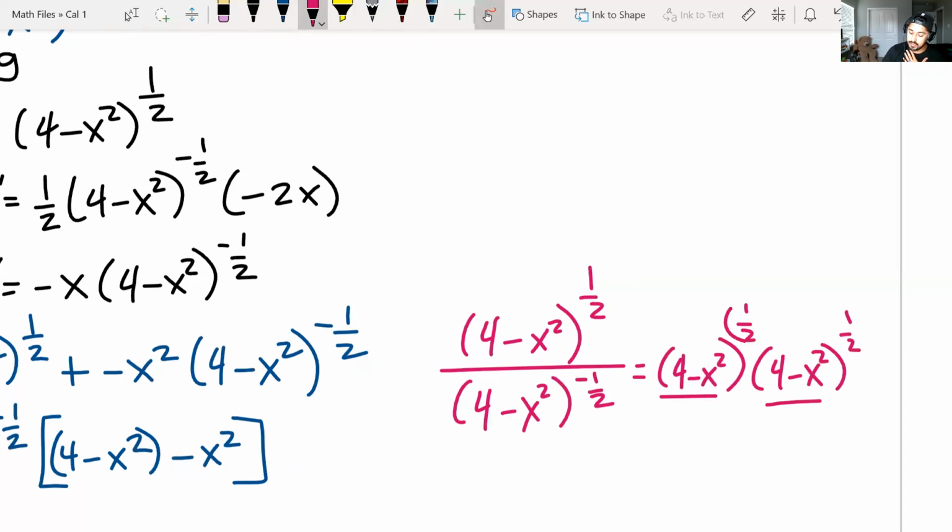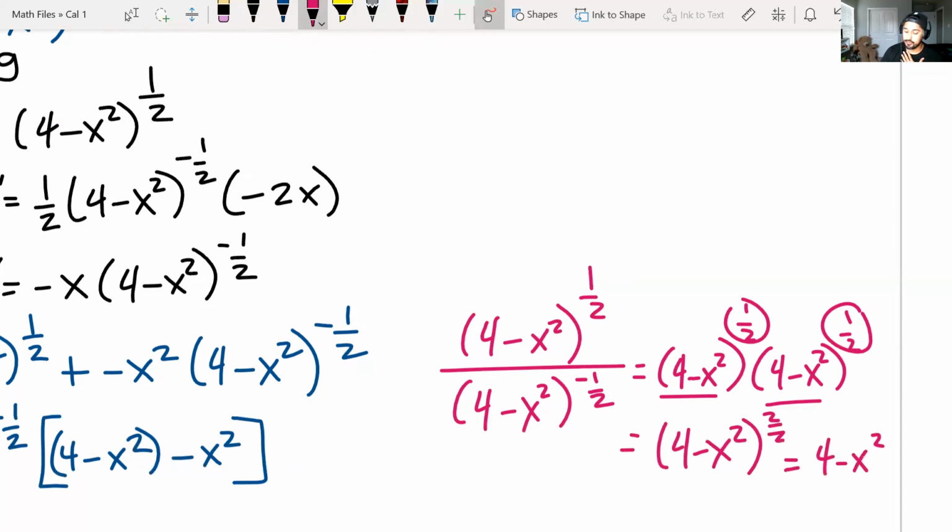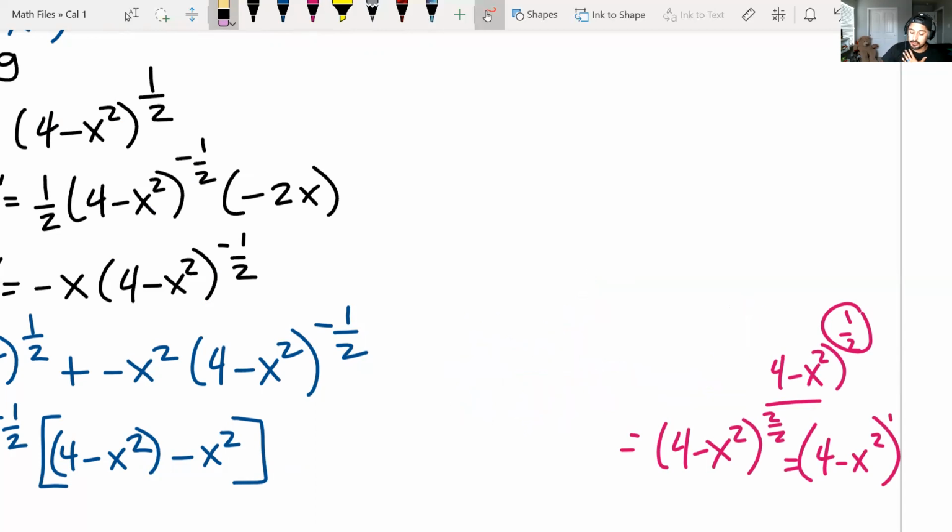Same base, add your exponents. 4 minus x squared to the 2 over 2, or just 4 minus x squared to the first. That's it. That's all that happened there. Of course, in less words.